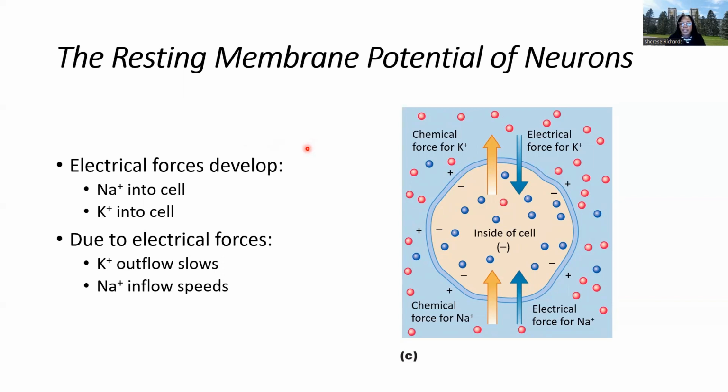So now when we think about the electrical driving force, the inside of the cell is negative, and so both of our ions really want to get inside the cell. So sodium wants to get inside the cell to that negative area, potassium wants to get inside the cell to that negative area. And due to the electrical forces, potassium is going to want to flow into the cell.